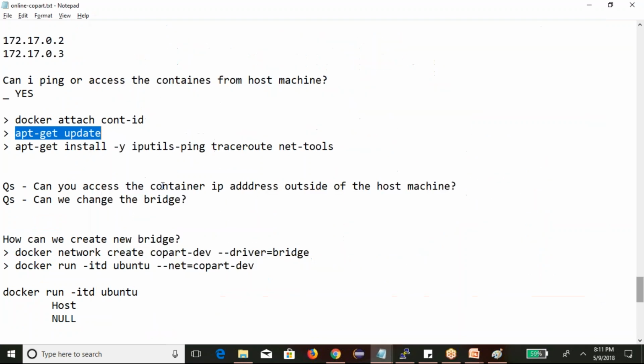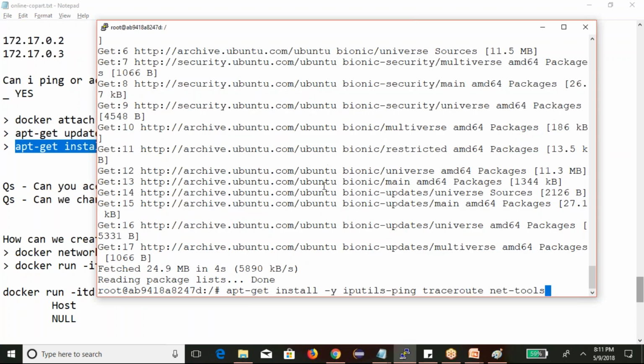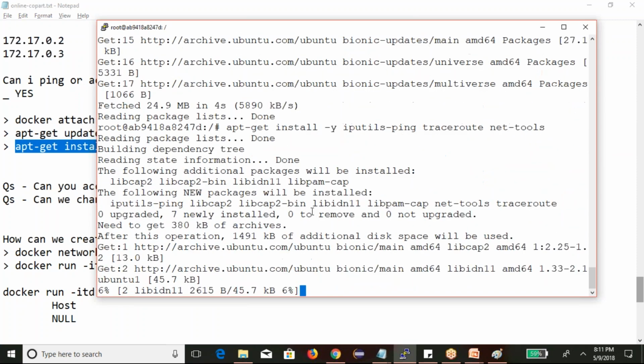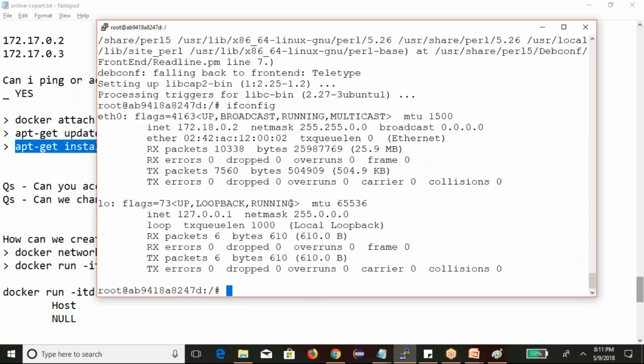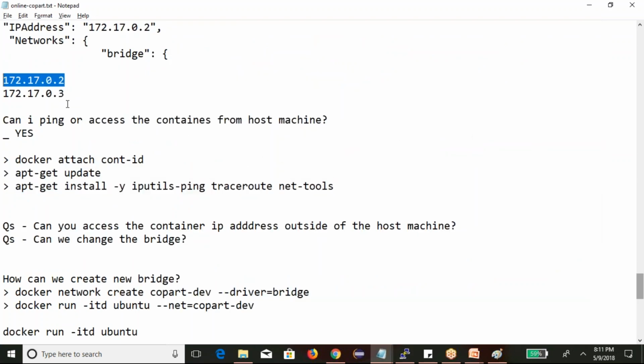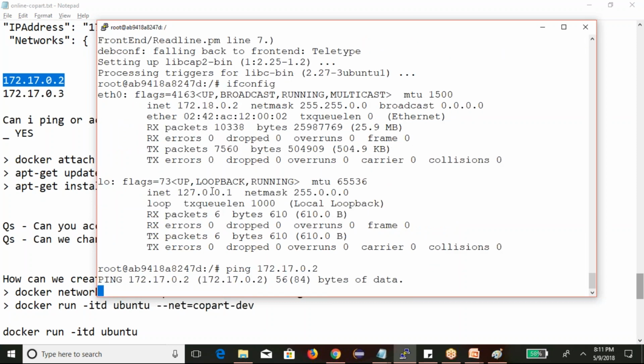I'm just running the command, and I'm installing this utility too. And now let's verify with ifconfig. See that here 18 is not matching with this. So can you ping this container? Let's look at this. You cannot ping, because both are in different bridges.